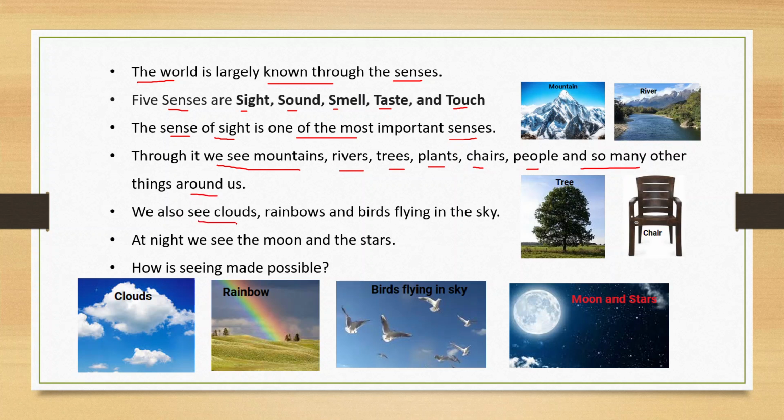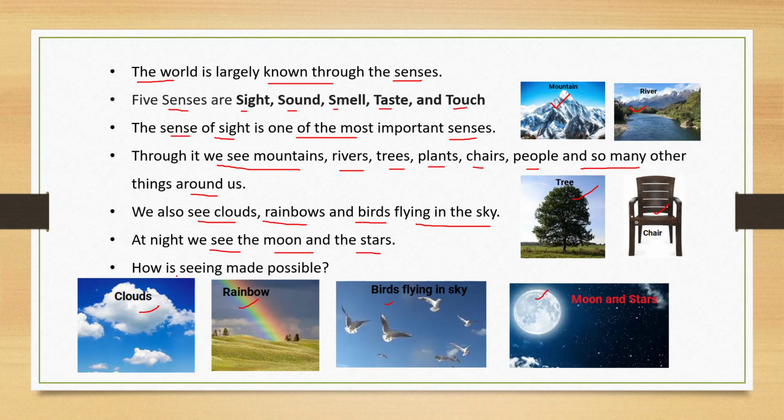We also see clouds, rainbows, and birds flying in the sky. At night we see the moon and the stars. These are the diagrams of these objects: mountain, river, tree, chair, clouds, rainbow, birds flying in sky, moon and stars.